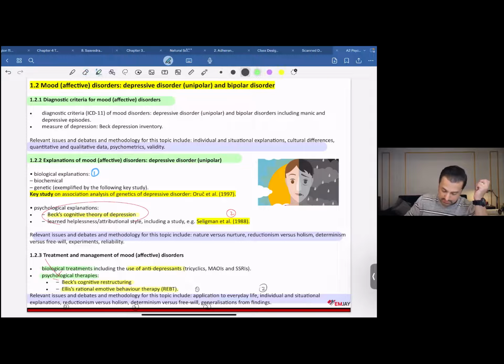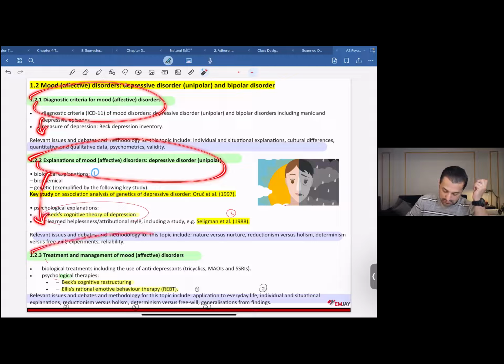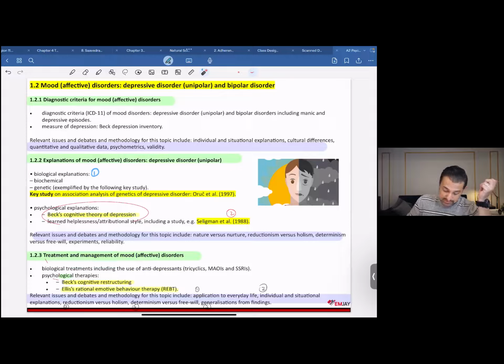And if I may take this ahead in the purple, if you see this as purple and not light blue, this purple part, these are the relevant issues and debates under each section. Here you go. And then here you go. And then here you are, right? So about the key study, yes, the key study over here is the study conducted by Orrick et al. And the example study by Seligman et al., right?